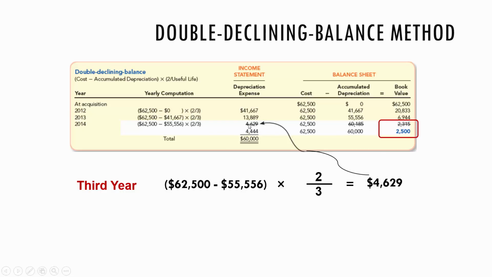When we put this in here, though, we have a problem, because if we take this number, add it to this number, and add it to this number, and come up with an accumulated depreciation number, our accumulated depreciation using this method after the third year would be 60,185.